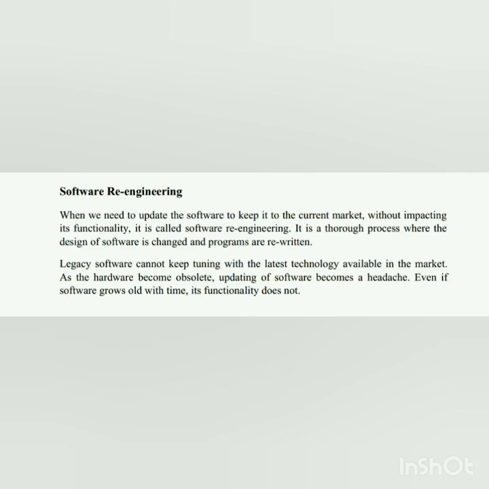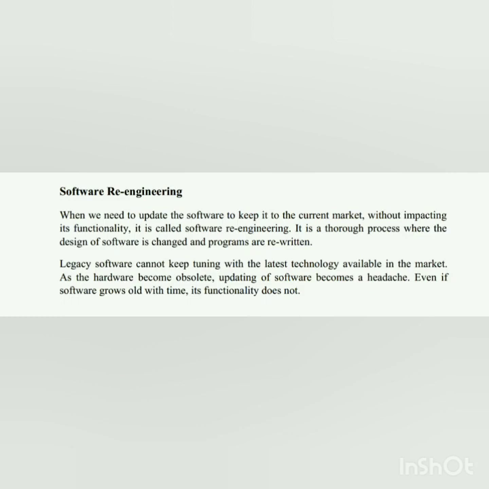Suppose we are using some software or application, and an update is introduced in the market. Whatever functionalities we are already using, we will use as they are, but some bugs or additional functionality can be added in the newer version. Whenever an update of the software is required, that is the process of re-engineering.